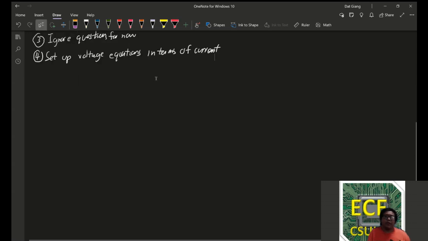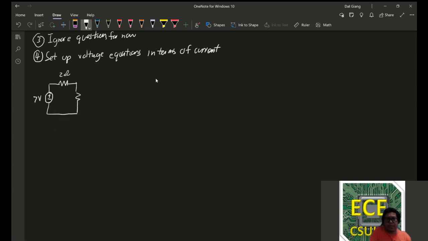So let us use a similar problem example to the one we used last time. So this is 7 volts. This is maybe, I don't know, 2 ohms, 6 ohms, 5 ohms.